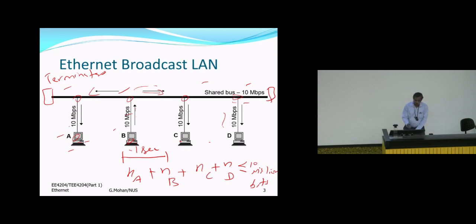Note that when A transmits, it transmits at the rate of 10 million bits per second. But A might have transmitted only for 300 milliseconds during that 1 second period, which means it has sent only 3 million bits. So if you add everything, it cannot exceed 10 million. That's why we say that the bandwidth is shared.